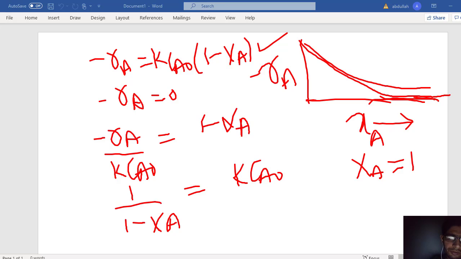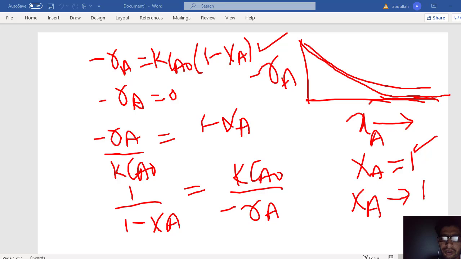Now as the conversion increases, when xa tends to 1, minus Ra tends to 0.